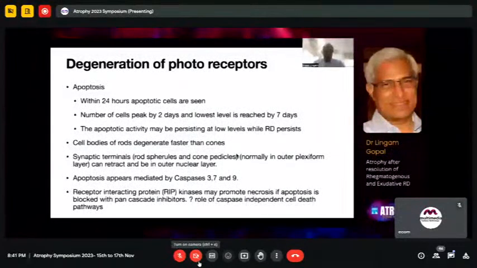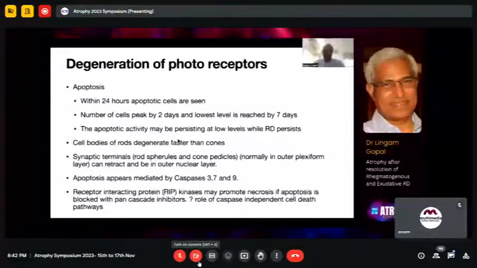The photoreceptors degenerate by way of apoptosis, although some believe that there is also necroptosis involved. Within 24 hours, one finds apoptotic cells, and the cell numbers peak by 2 days and then become lower. The apoptotic activity does persist at low levels even as long as the retinal detachment persists.